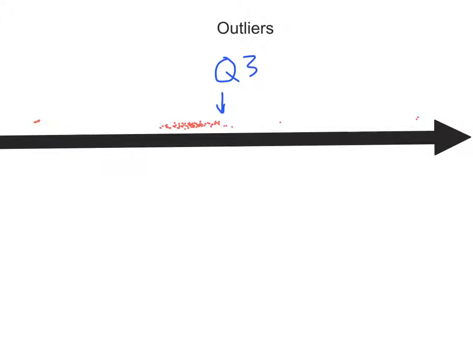And then the computer might identify, for example, that spot as Q1. In other words, 25% of the data lies to the left of that data point. And the region between Q1 and Q3 is called the interquartile range, or IQR.